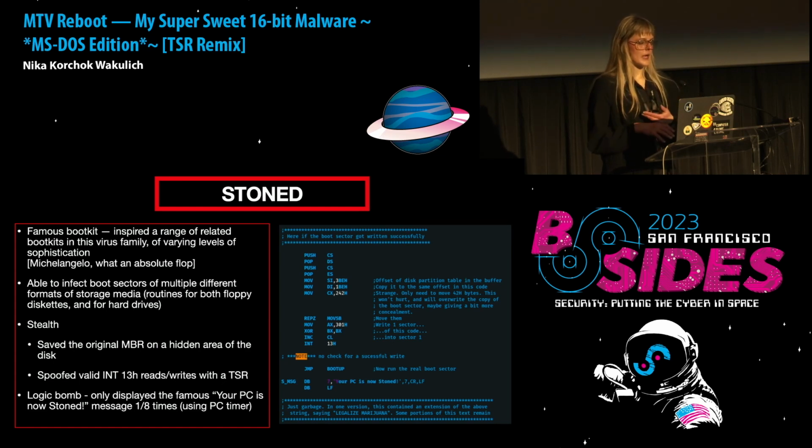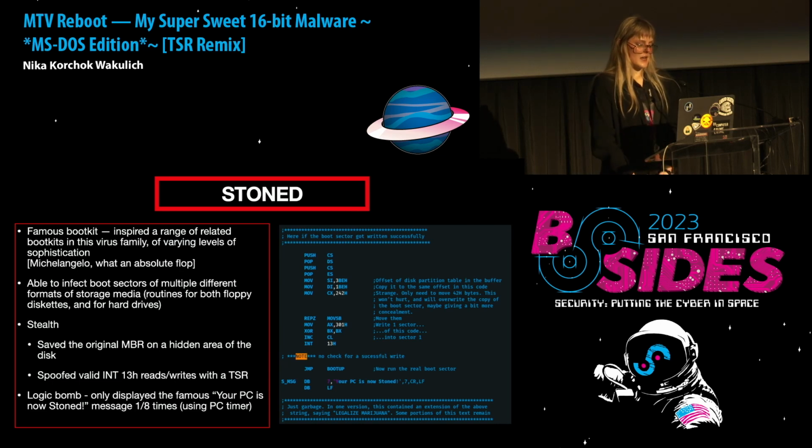It wasn't hidden, but it was a known group of sectors that would be free because of where the MBR was stored based on how fdisk worked. So it saved the MBR in one of those sectors, and then it also had a TSR functionality where it would spoof valid interrupt 13 reads and writes to the disk that was infected.